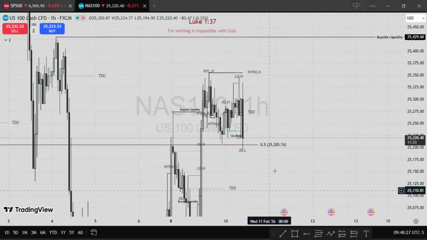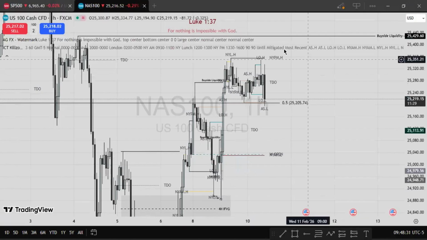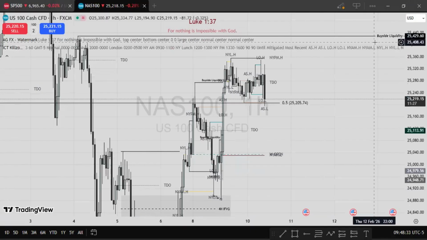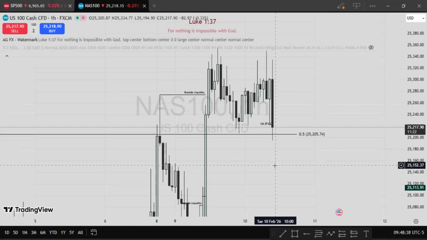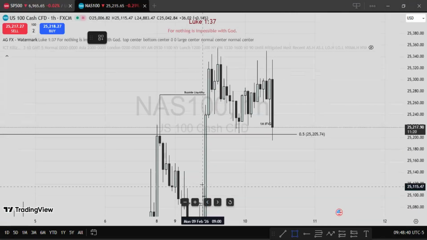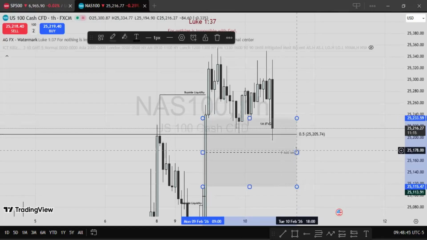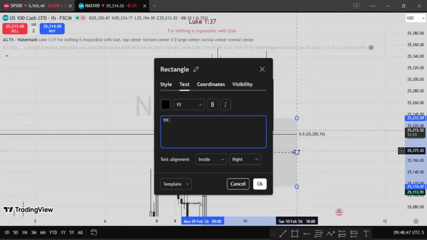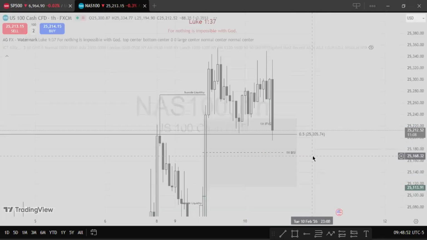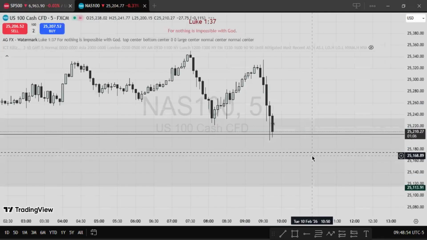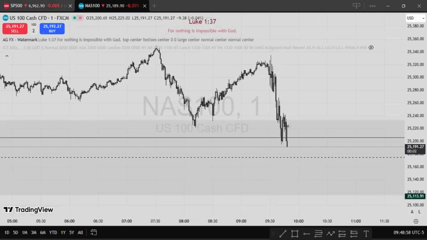Because these highs are still looking nice. And we are in a 1 hour busy. We're inside a 1 hour busy, and then we have a manipulation on these lows here. Let's just wait and see.